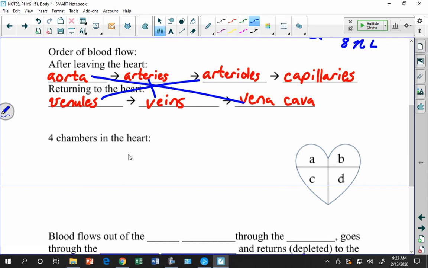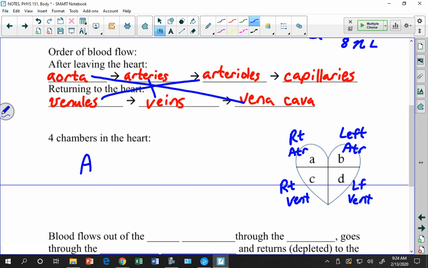So this is our right atrium. This is our left atrium. And then on the bottom, we have the right and left ventricles. I'll write these words out in just a second.